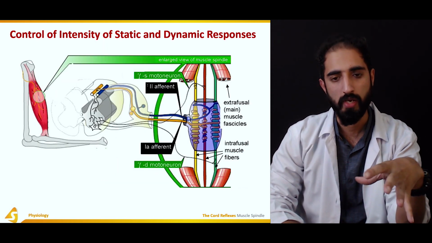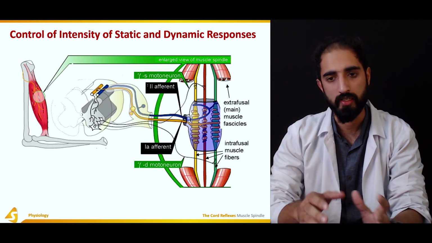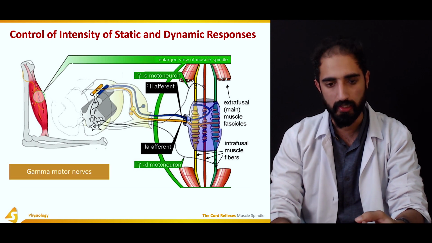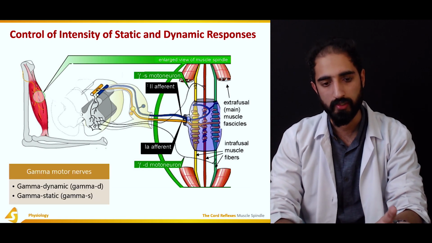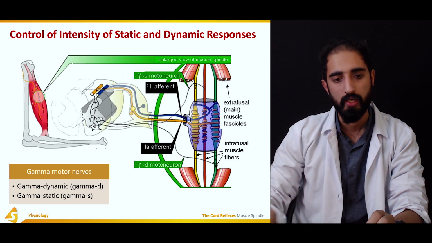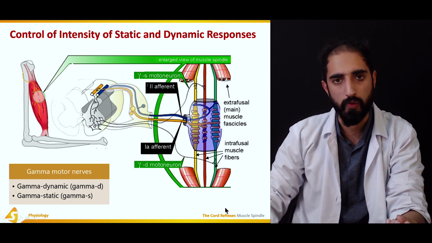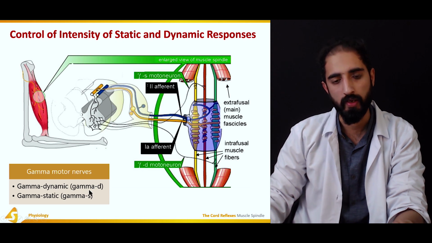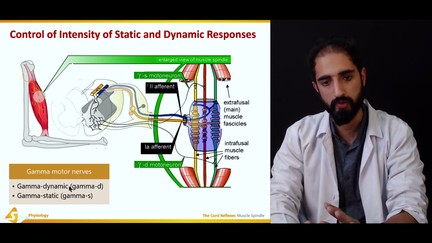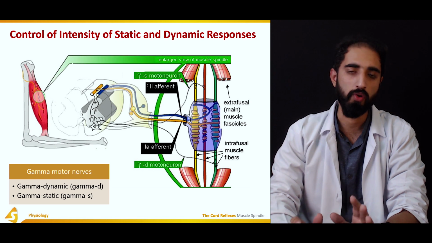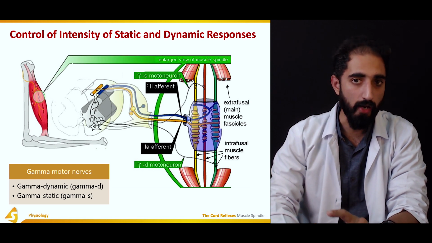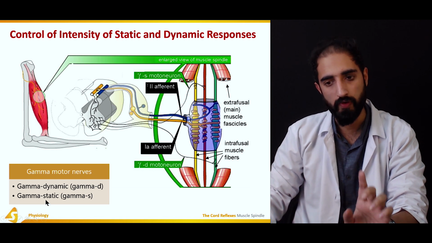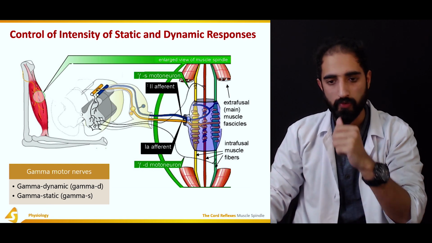As I already mentioned, the intensity of these static and dynamic responses is controlled by the gamma motor neurons, gamma static and gamma dynamic. Gamma static is involved with the static responses, and gamma dynamic is involved with the dynamic responses, which only involve the nuclear bag fibers, while the static response involves both the chain fibers and the bag fibers.